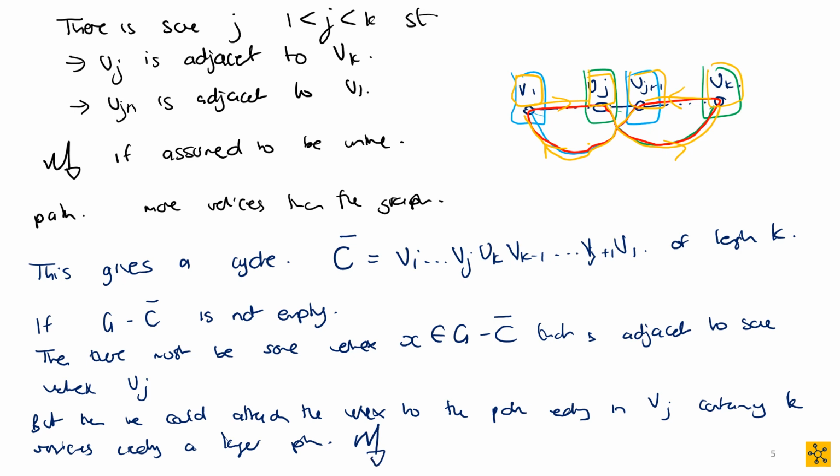And therefore, all of G is contained in the cycle, making the cycle a Hamiltonian cycle.